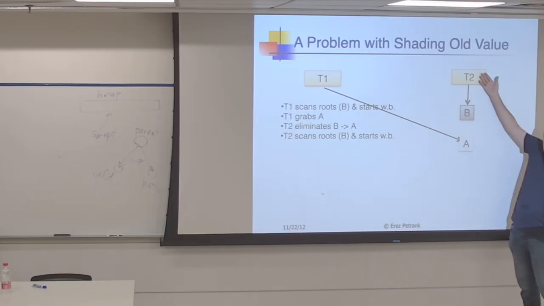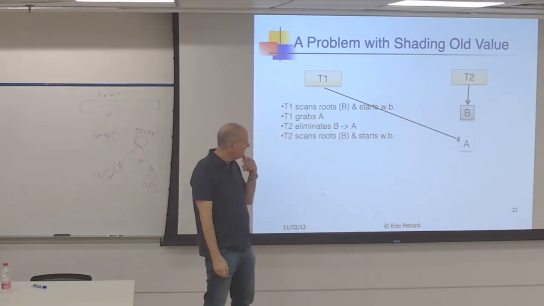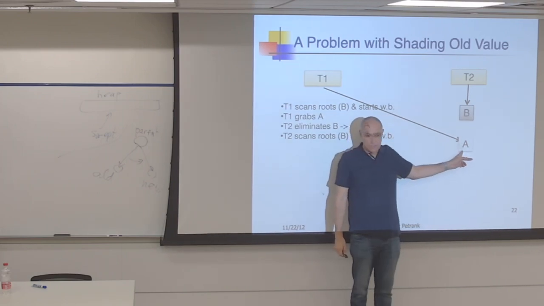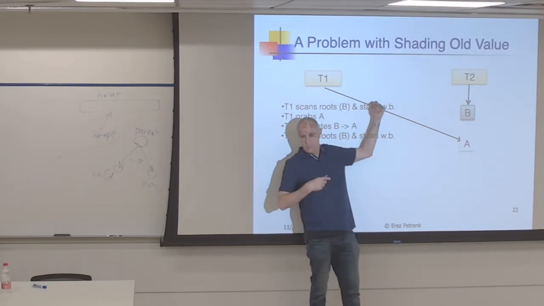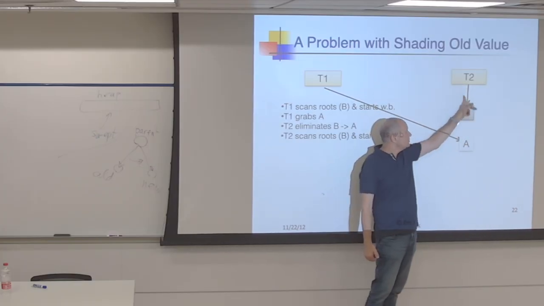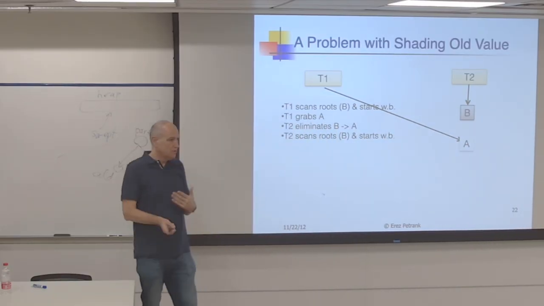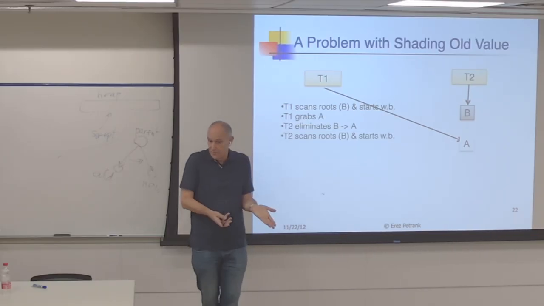Now T2 responds to the collector, shades its roots, which are already shaded, and starts to do the write barrier, but it's too late. What you see here is that the collector is not going to notice A, because when T1 was shading its roots, T1 was pointing to B, and when T2 is shading its roots, it's also pointing to B. Both of them are graying B, but none of them is telling the collector that A exists, and the collector doesn't know.